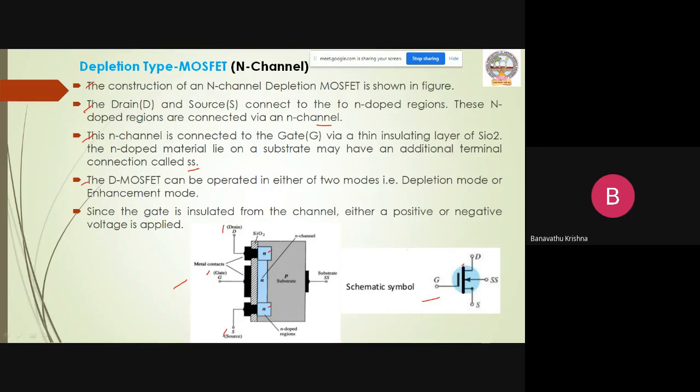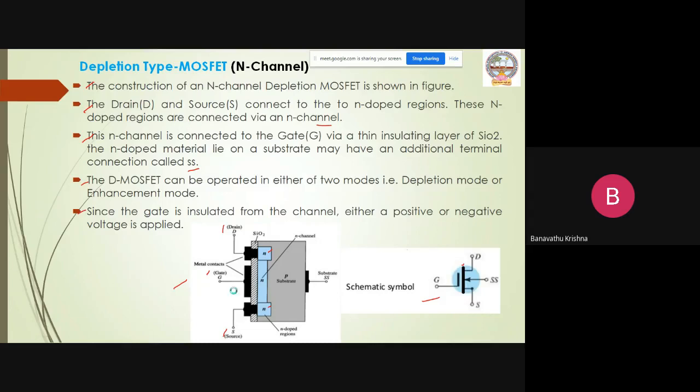Since the gate is insulated from the channel, either a positive or negative voltage can be applied. This is the basic construction of the depletion mode MOSFET in N channel.